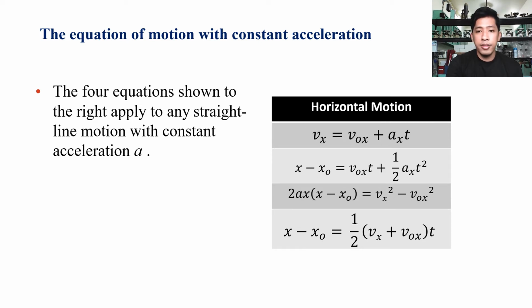Our third equation, we have 2ax times x minus x naught, and this is equal to vx squared minus v naught x squared. And lastly, our fourth equation is x minus x naught equal to 1/2 (vx plus v naught x) t.